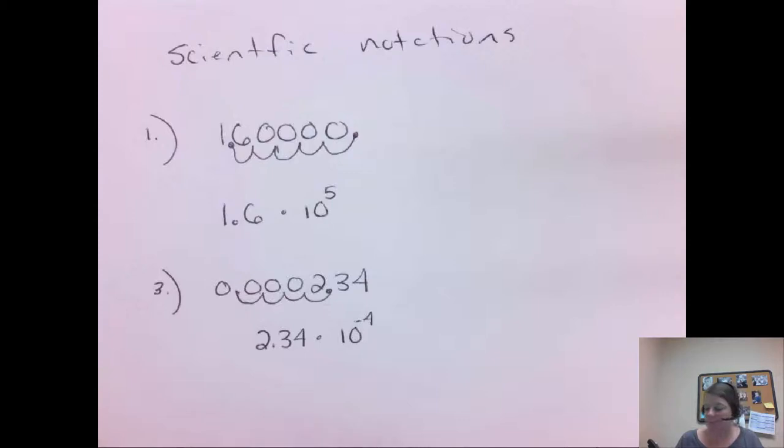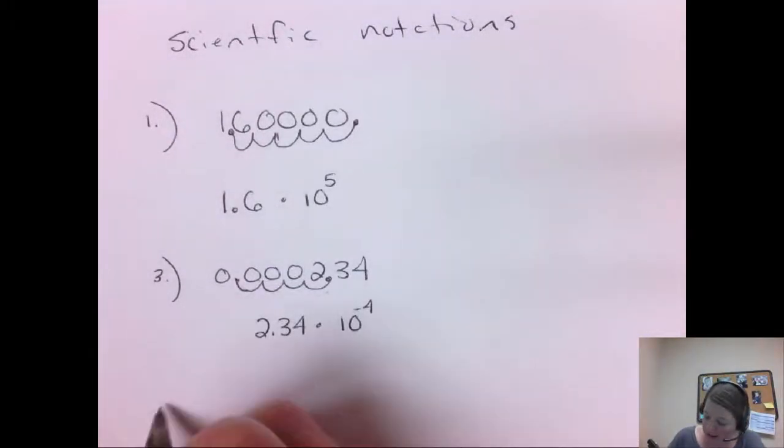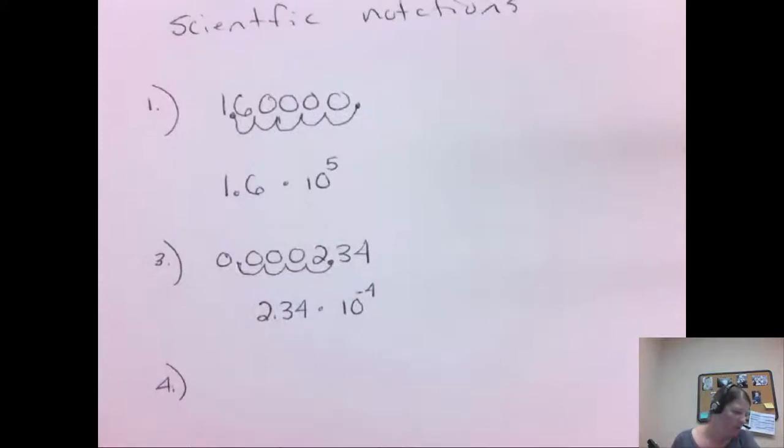So when I times by a negative, it's going to move it this way, because it's really like 1 over 10 to the 4th, because we know negatives, we just looked at them, and that's the same as dividing. But we're lazy, and this is the only place you're allowed to write negative exponents, in scientific notation. All right, so you will take numbers out of scientific notation, you'll put them in. That shouldn't be something that you haven't seen before, but the last one you may or may not have seen.